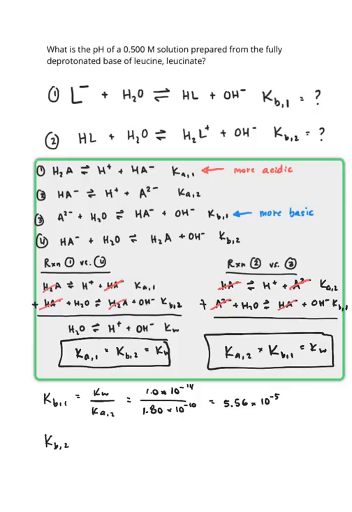Similarly, Kb2 is Kw over Ka1. That's 1 times 10 to the minus 14 over our Ka1 value, which was 4.7 times 10 to the minus 3, giving us 2.13 times 10 to the minus 12. And just like we expect, Kb1 is greater than Kb2.